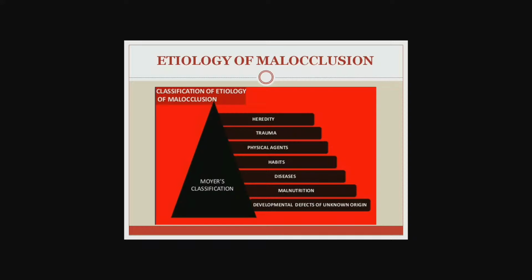Then they don't need teeth to bite. You prefer drinking juice rather than eating raw fruits and vegetables. You prefer eating pizza, burgers and refined fast food rather than the traditional food which your grandmother used to cook in the house. So this leads to an etiology of malocclusion which has become more prevalent in today's generation.